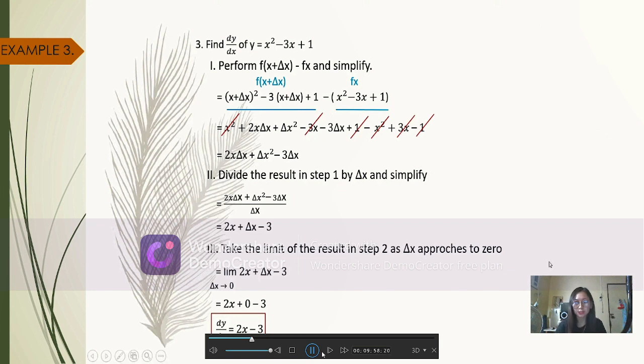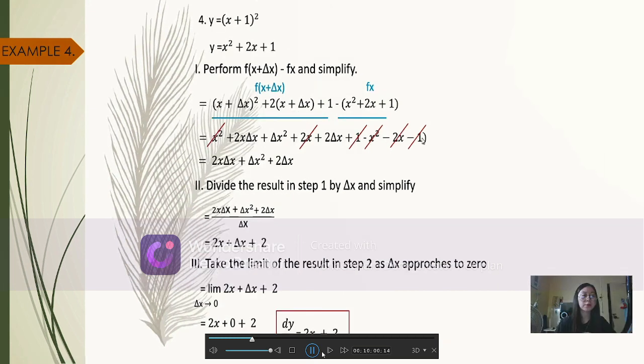Example number 4, y is equal to x plus 1, a quantity squared, y is equal to x squared plus 2x plus 1. So, sisimplify natin. Sa step 1, perform f of x plus delta x minus f of x and simplify.